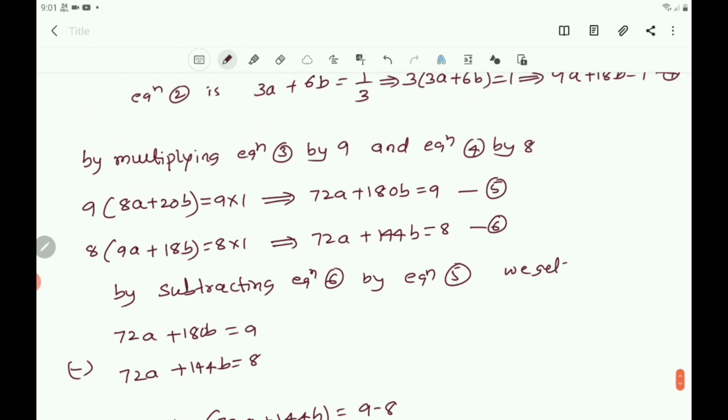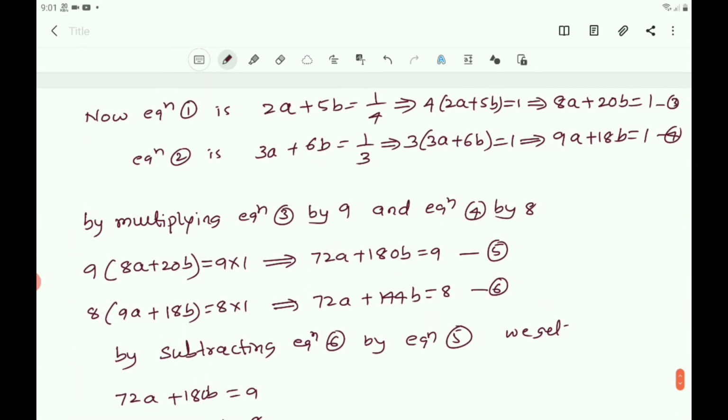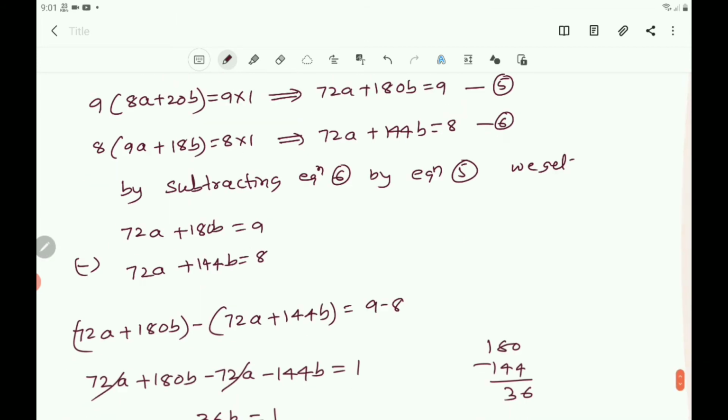And you take one equation here, the first equation, 8a plus 20b equals 1.